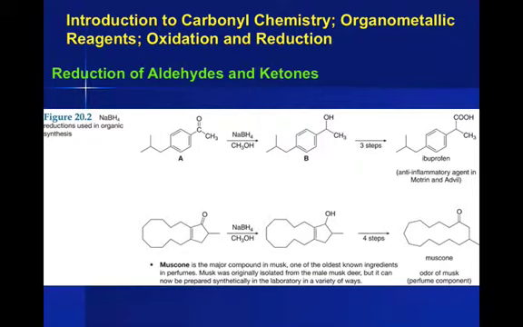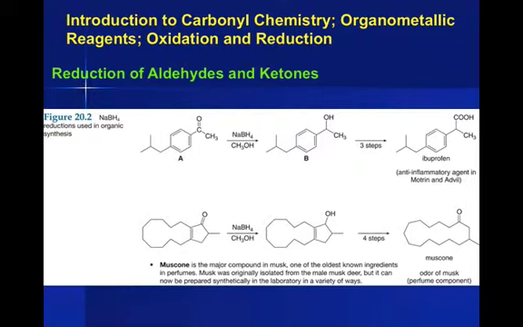So, whereas this is an aromatic ring, this is just what we would call an alpha-beta unsaturated ketone. We'll talk about those a lot more in another chapter. But what you can see is that the sodium borohydride is leaving the alkene alone and simply reducing the ketone to the alcohol, right? And so now we have this alcohol that undergoes 4 steps to get to the odor of musk, muscone.